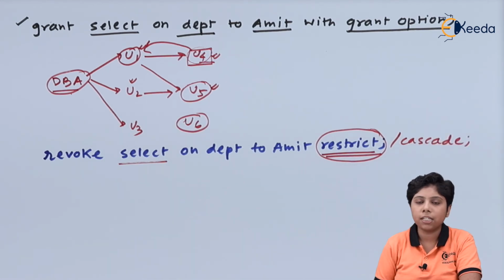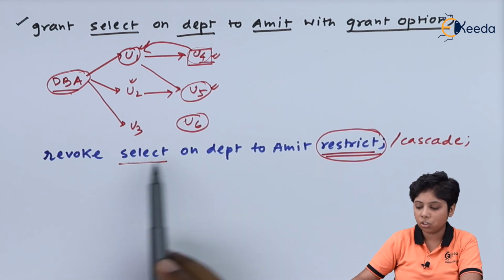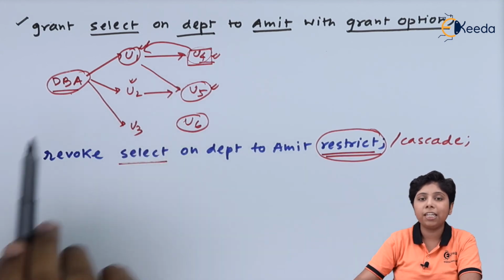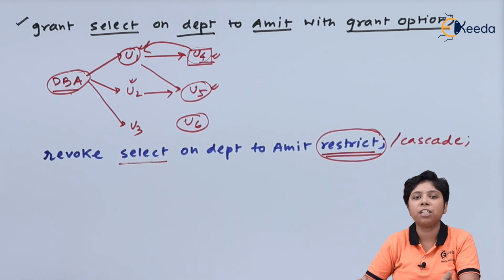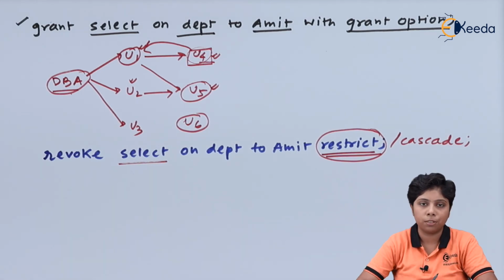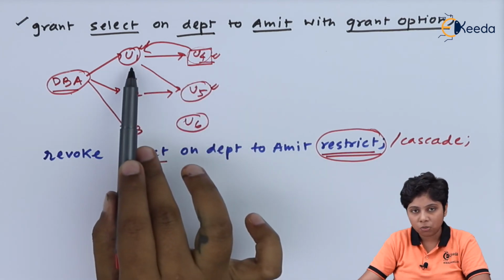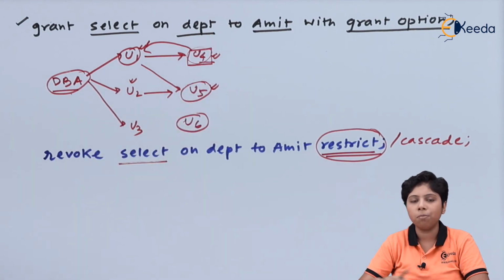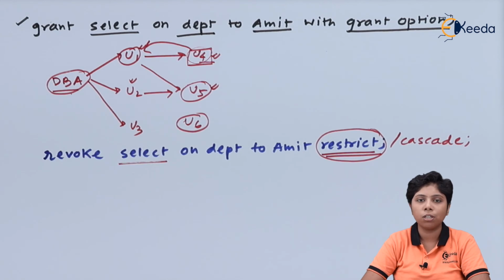So both cascade and restrict revoke the granting of the privilege on some relation from some user, so that he cannot get it from any use of that privilege that has been passed to another user. So now that U4 gets his privilege from U1, U1 cannot retain any privilege from U4 anymore if the DBA or the root has revoked the privilege from that particular user.